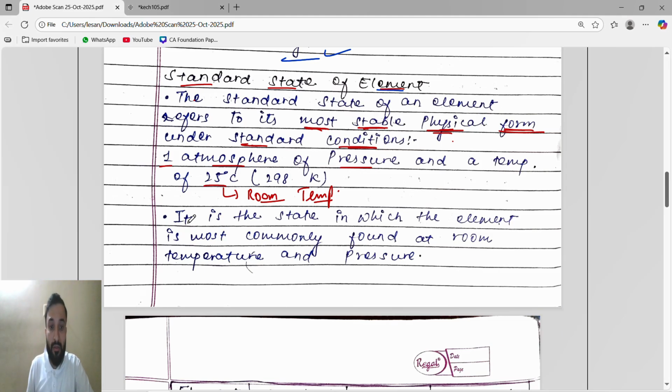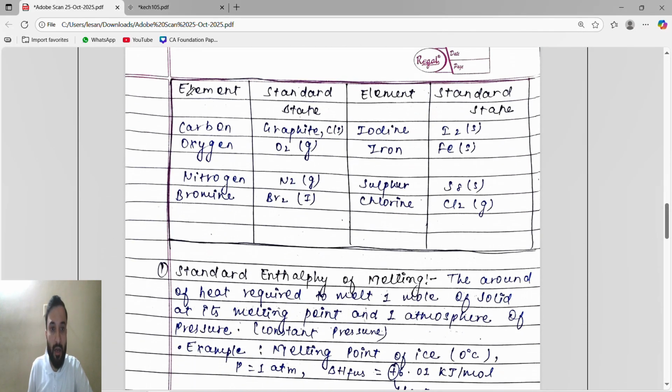It is a state in which the element is most commonly found at room temperature and pressure. So these are the standards.